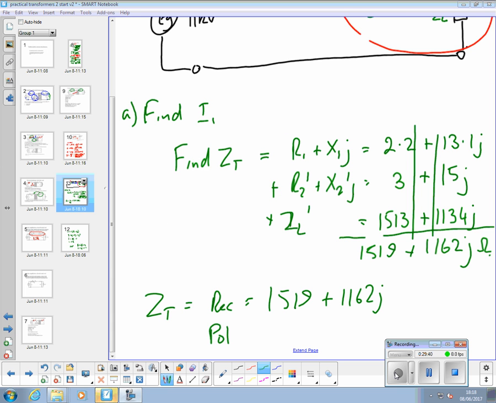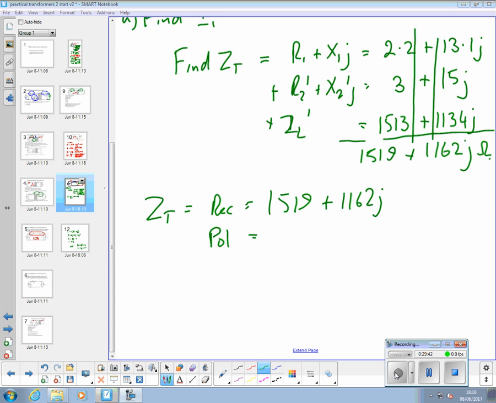Polar form, we'll do the conversion now because we might want it in that form. 1913 angle 37.4 degrees, and that's ohms. Okay.